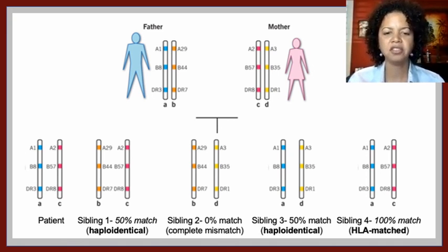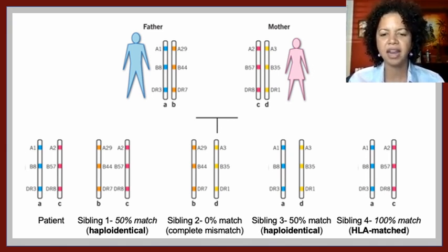The second sibling, sibling 2, has yellow proteins from the mother and orange proteins from the father, which are completely different from the patient. So this sibling is a complete mismatch, so a 0% match. And then the third sibling has the blue proteins from the father, the yellow from the mother, and those blue proteins match the patient. So that sibling is also a half match or a haploidentical match.